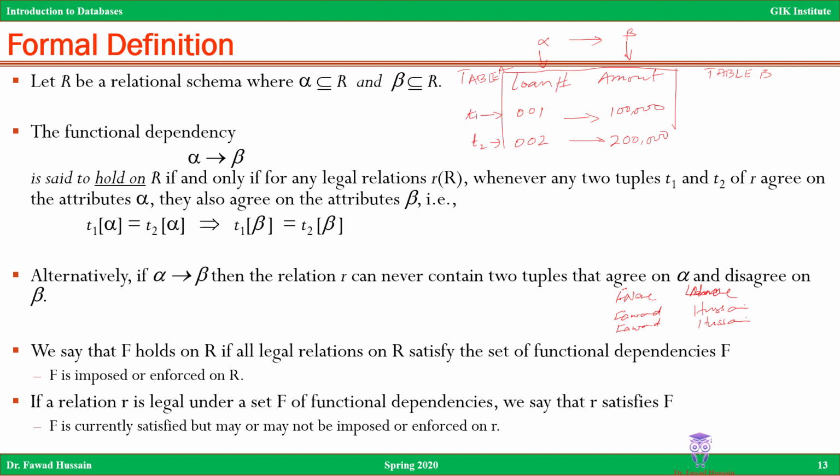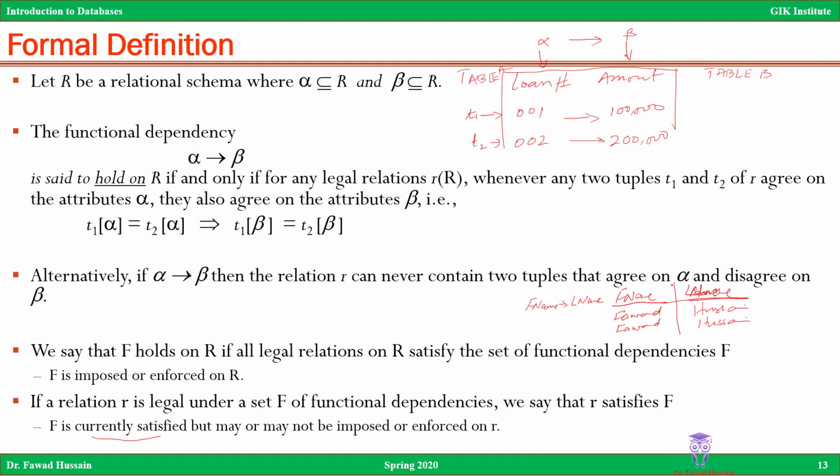So if this is the table, then does it hold that F name determines last name? It is satisfied, yes. For all the cases, if I know the first name, I will be able to determine the last name. So this is currently satisfied, but may not be imposed or enforced.